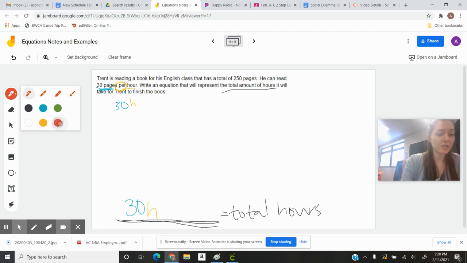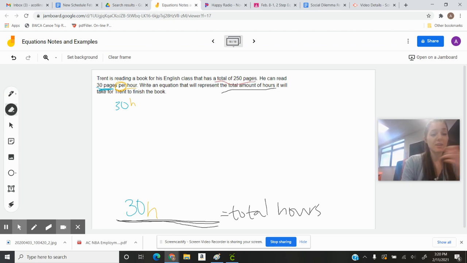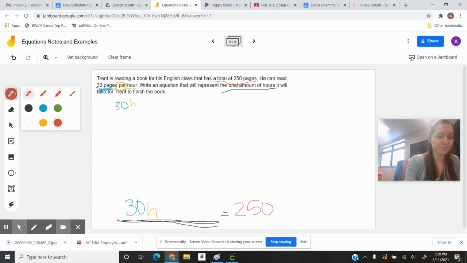All right, now we just need to look for the total to see if there's a total or a constant that we can add to our equation. Trent is reading a book for his English class that has a total, oh, it tells me right there, of 250 pages. So I can go ahead and get rid of this total over here and write 250 pages.